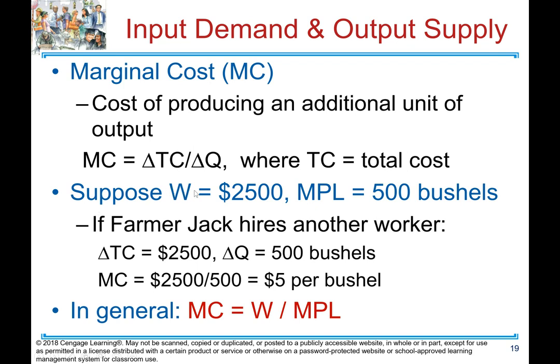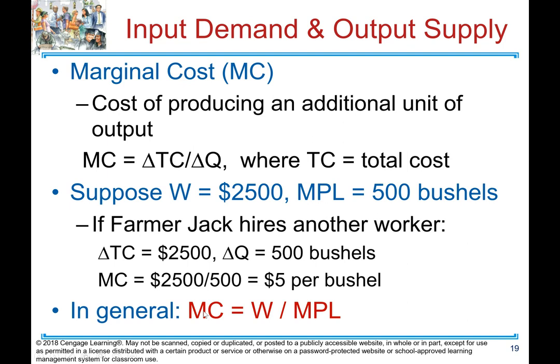So suppose the wage is 2,500, and the marginal product of labor is 500 bushels. If Farmer Jack hires another worker, delta TC, or the change in total cost, is 2,500. Delta Q, or the change in output, is 500 bushels. Marginal cost is 2,500 divided by 500, or $5 per bushel.